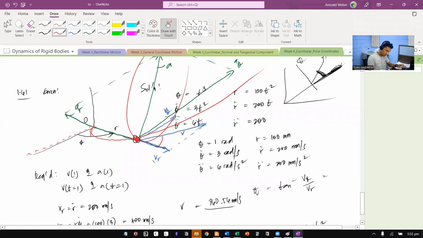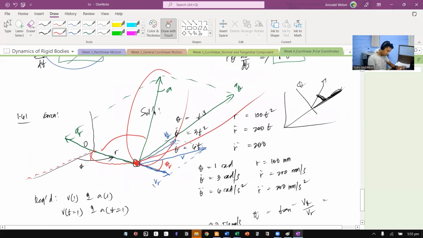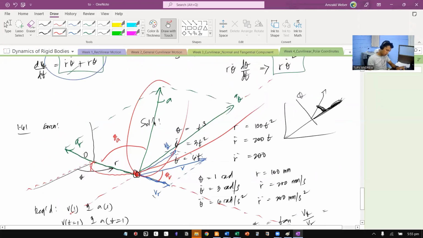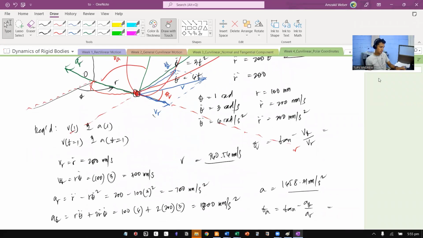Hindi siya dapat ang angle. That is V theta. Tapos angle for acceleration theta. So, the final expression of velocity and acceleration according sa drawing.